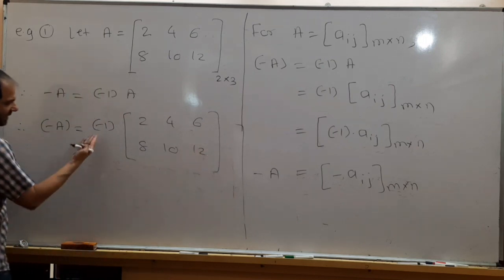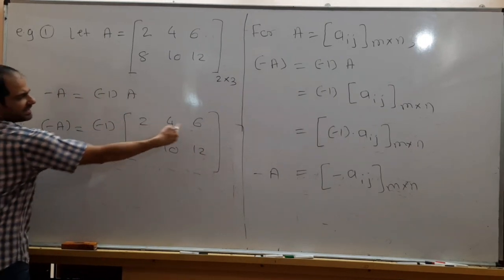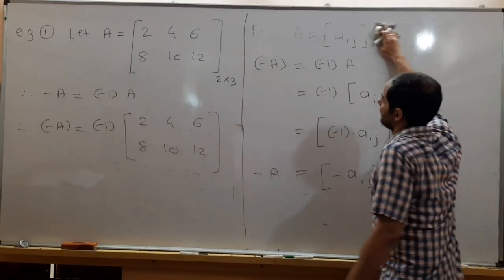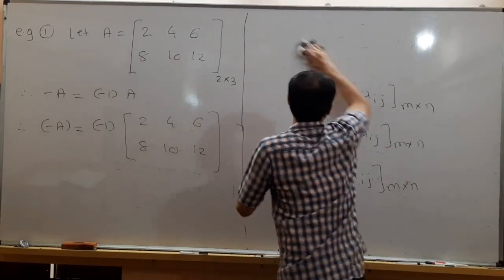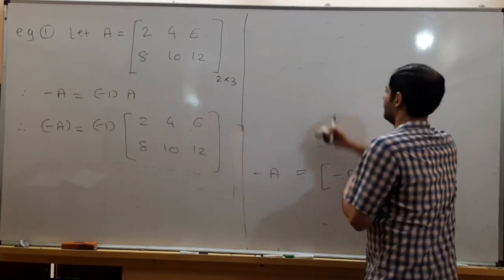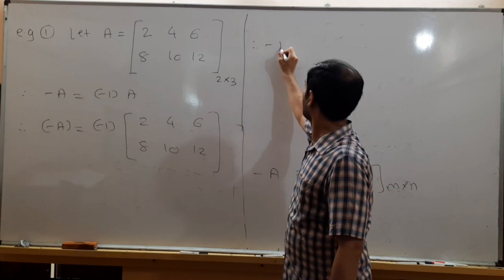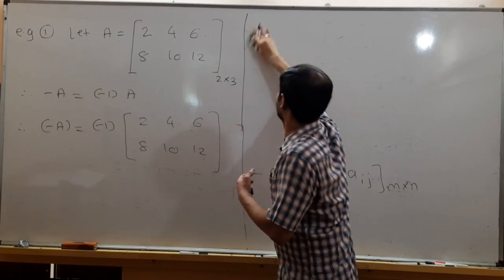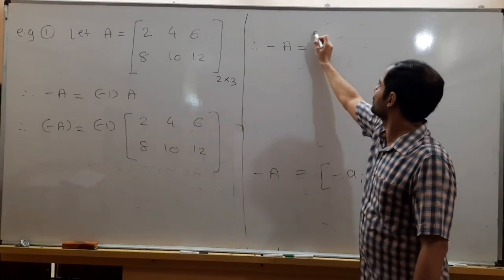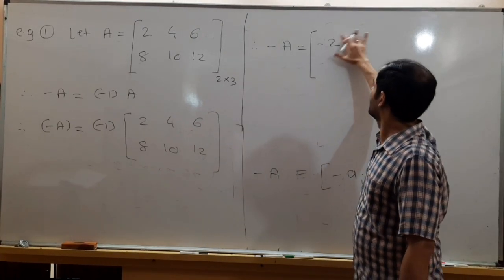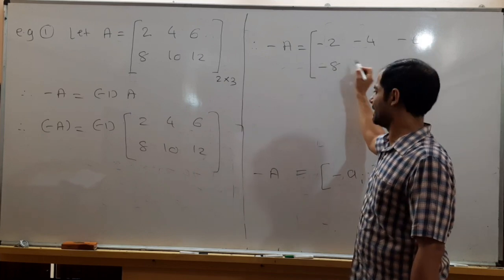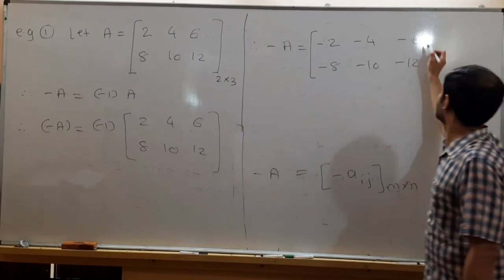Now I will directly multiply minus 1 with each and every element. So I will get minus A as minus 2, minus 4, minus 6, minus 8, minus 10, minus 12.